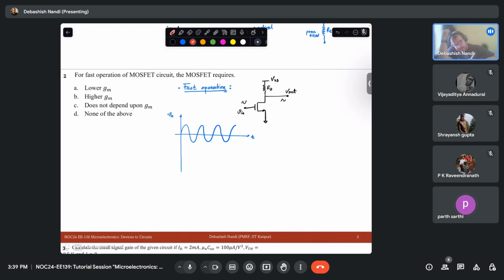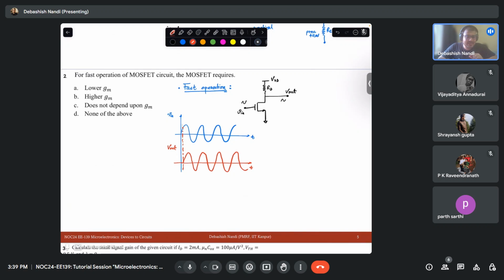Let's say you have a certain gain, but your output is having a lag. This means the circuit has a certain amount of delay.